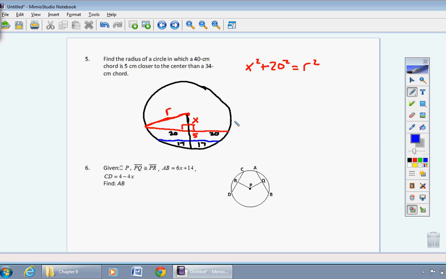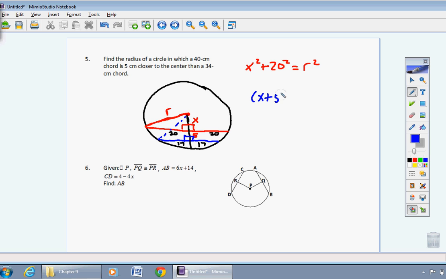Now, this next one is a little bit trickier. I'm going to go ahead and draw another radius, you'll see here in a dotted blue line, to this point. Since we have right angles here, I can come up with another equation. If I look at this triangle right here, follow my cursor, I can come up with the equation that x plus 5 squared, which is the distance of this line right here, x plus 5.